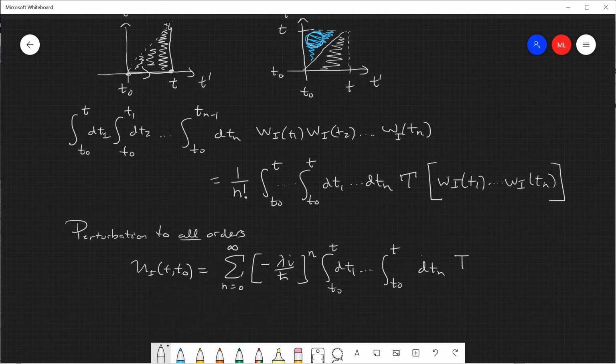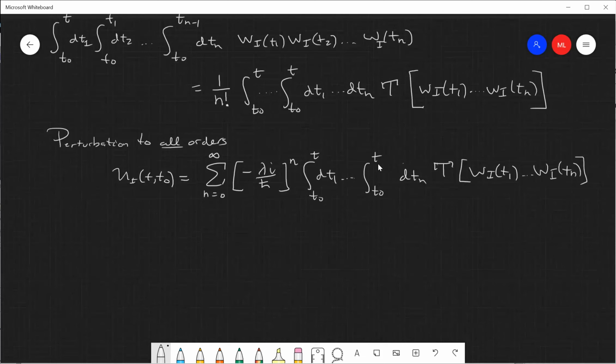And this is going to be the time ordered product of a bunch of these w's, all the way up to Tn. And now this is great because we can exchange the integrations with the time ordering.